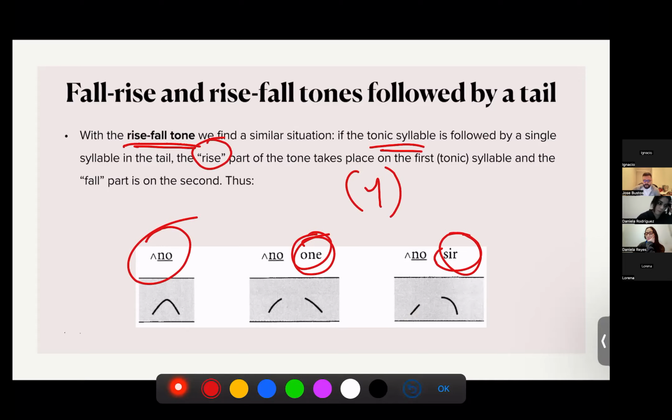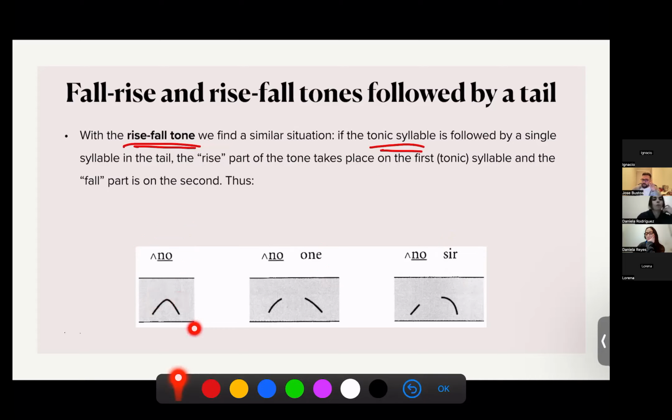So if we pay attention to this, "no." When it's just one tonic syllable, "no." But now in the second example, it changes. Do you identify? It changes. "No one. No one." So this "no" is different in the second example. Why?